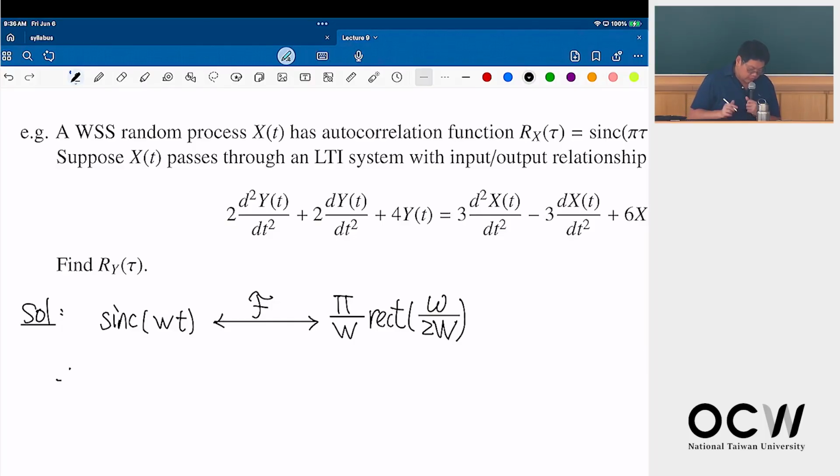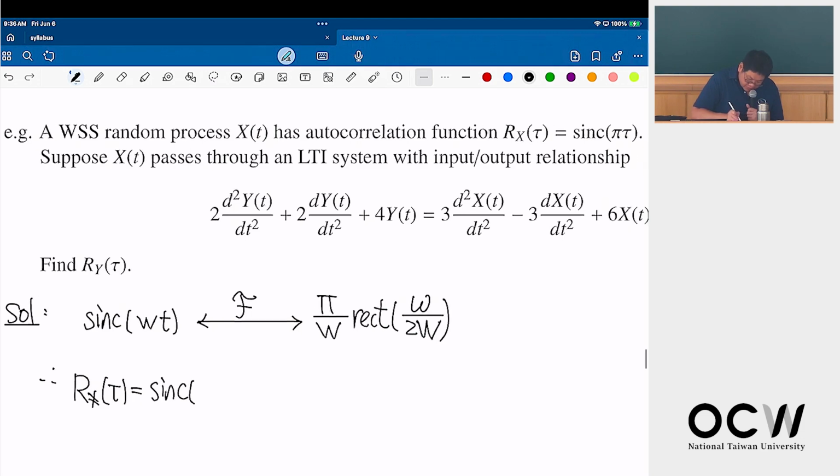Therefore, the autocorrelation of x, we say it is a sinc function with pi tau.